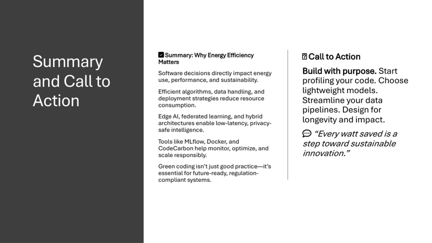Emerging technologies like edge AI, federated learning, and hybrid architectures allow us to create low-latency, privacy-safe solutions, crucial for modern applications. Tools such as MLflow, Docker, and Code Carbon are invaluable for monitoring, optimizing, and scaling responsibly, ensuring our systems are both efficient and sustainable.